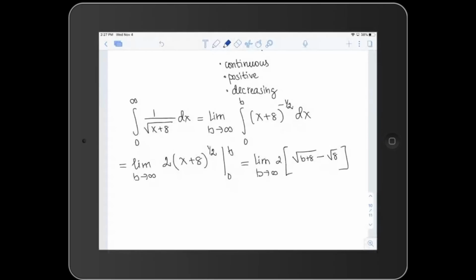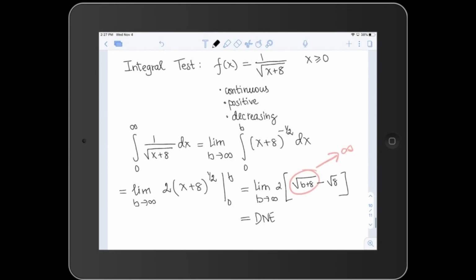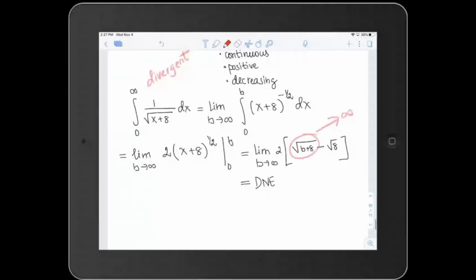What do you guys think? It becomes a larger and larger number. Yeah, this diverges, it goes to infinity. So this limit does not exist. This integral is divergent. The area under the curve from 0 to infinity of this function is infinite. Now we can come up with a conclusion.